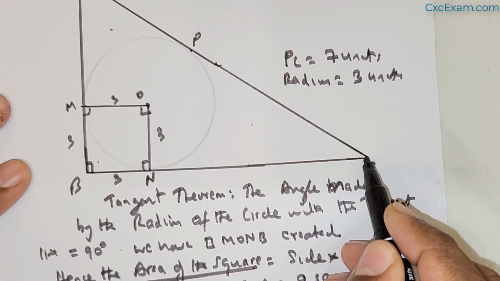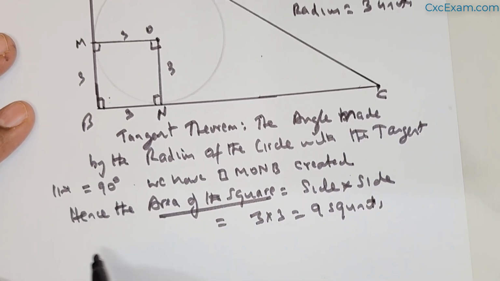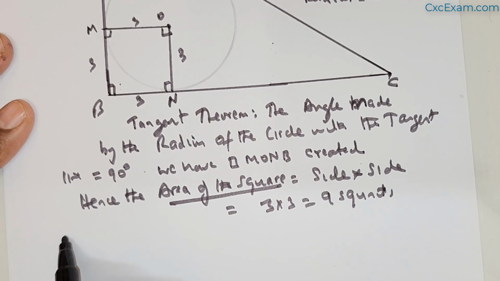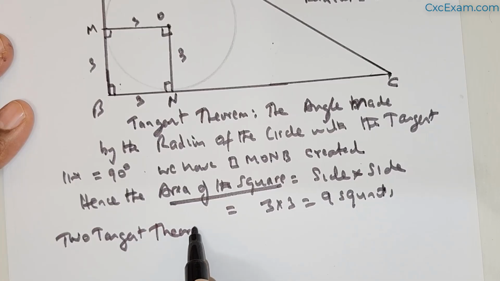Now we are going to use the second theorem. This is the two tangent theorem. So what does it state?